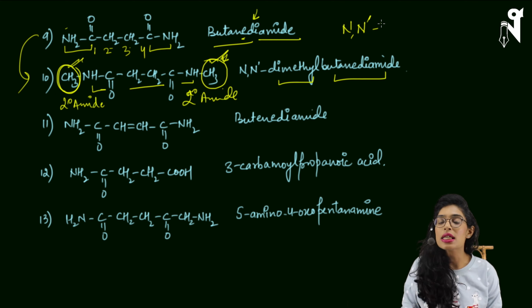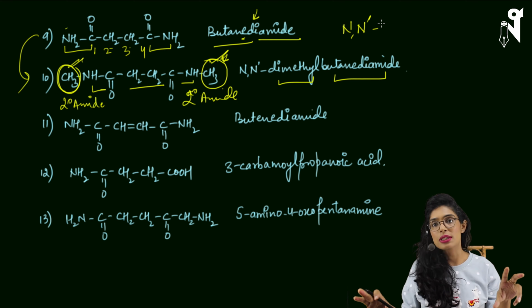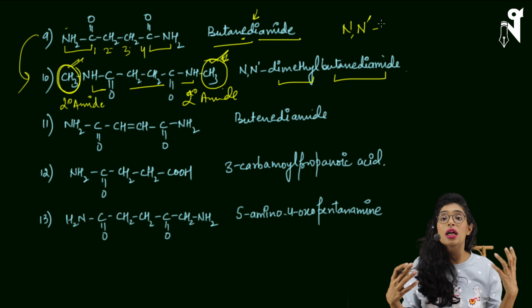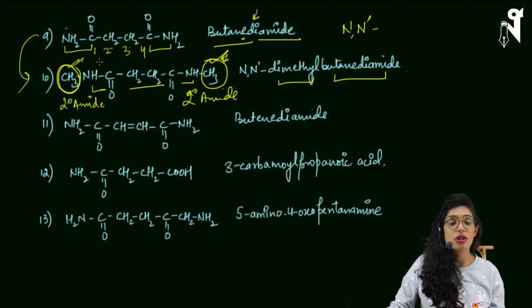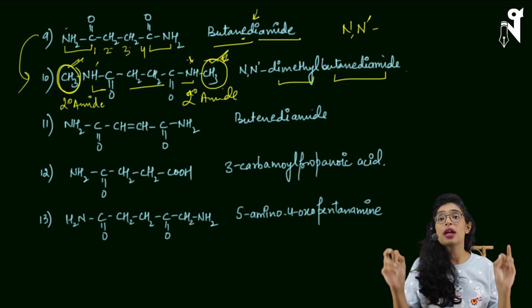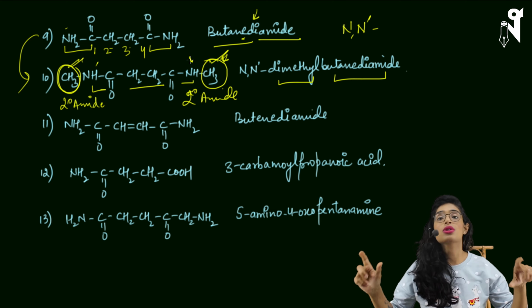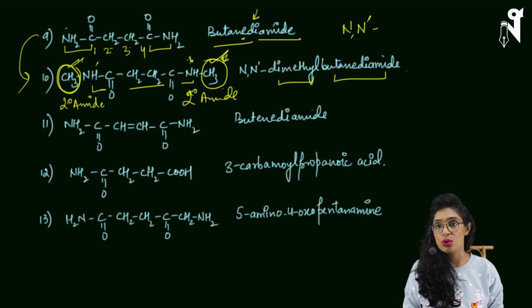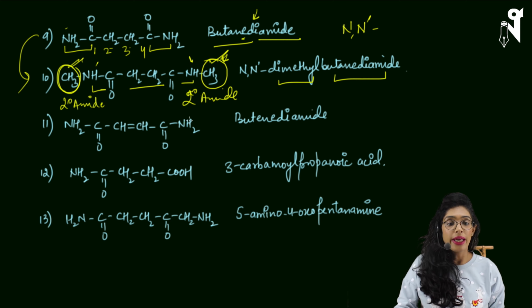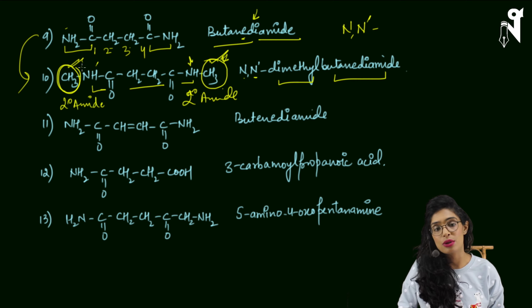N dash is nothing else but a way to represent that these two methyl groups are present on two different nitrogens. It's not a difference between the nitrogens. It's just like talking about two different amide nitrogens in the carbon chain carrying a methyl group individually. So N comma N dash represents that one CH3 is present on one nitrogen and another CH3 is present on another nitrogen.